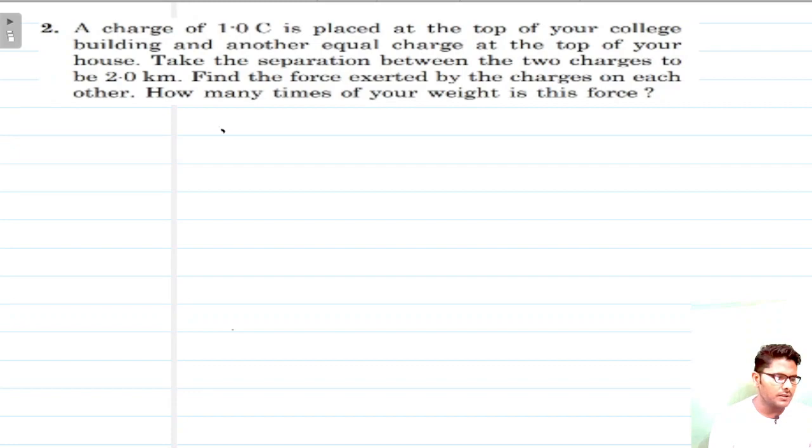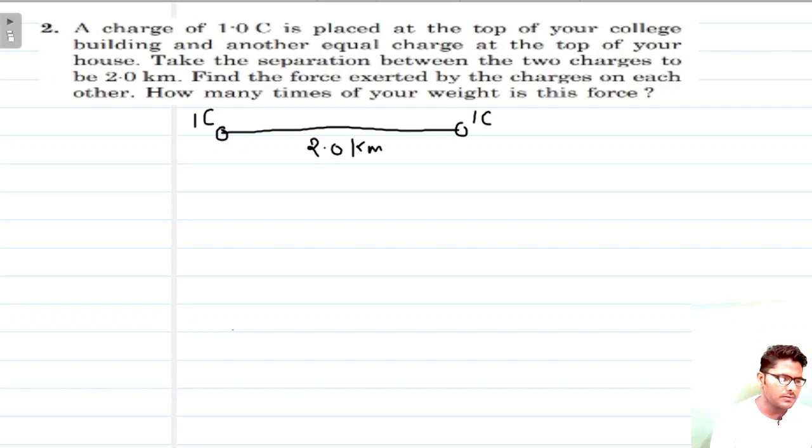In this question we are told that a charge of 1 coulomb is placed at the top of your school building and another charge of 1 coulomb is placed at your house, and the separation between them is given as 2 kilometers, or you may say 2 into 10 raised to the power 3 meters. We have to use SI units, so we convert this into meters.